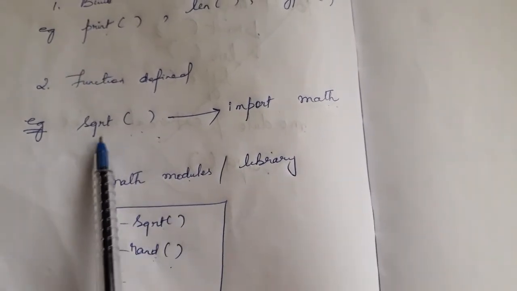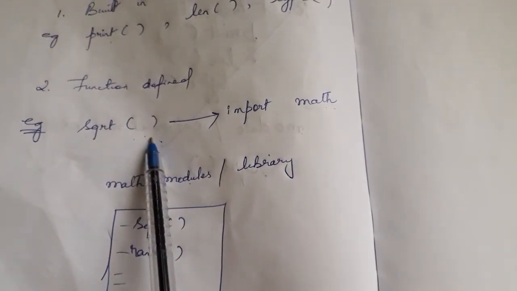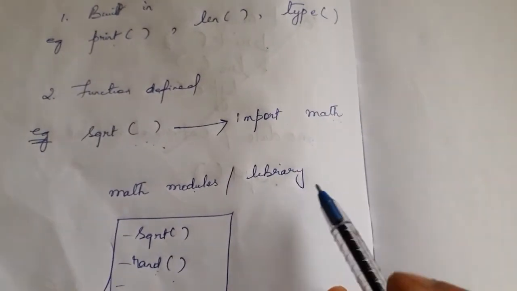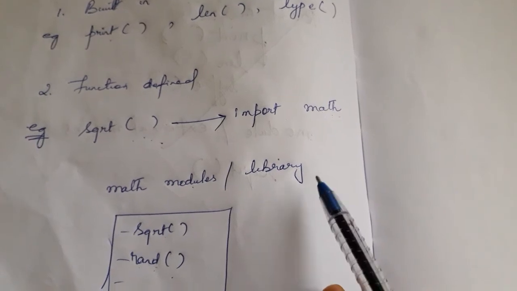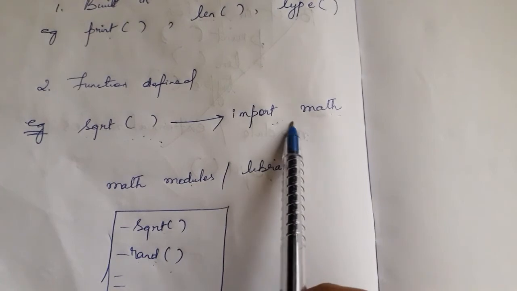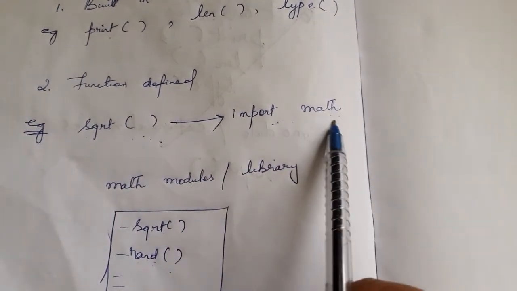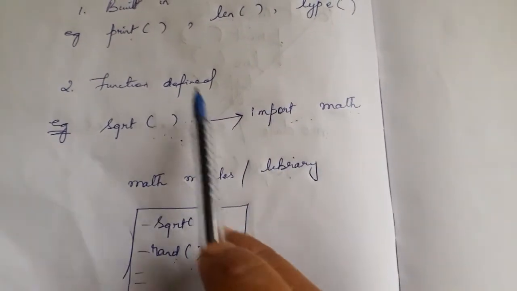Otherwise, if you use this without its module, you will get an error. So these are functions that are linked to their associated modules, or to their header file. Whenever you need to use them, you will have to call the header file. That is regarding the functions defined in modules.